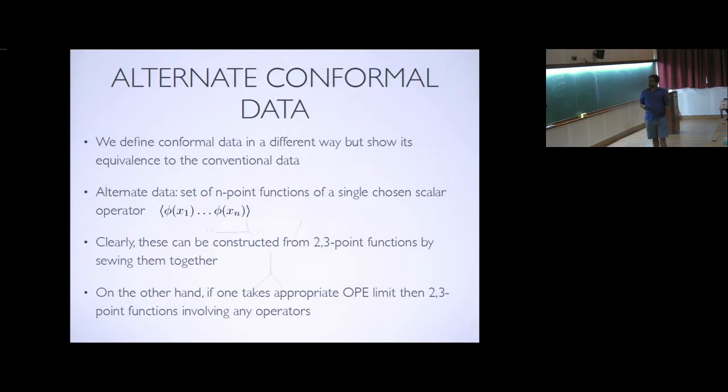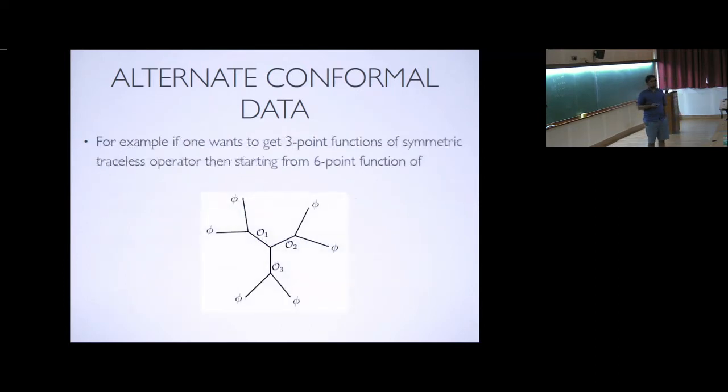For example, let's say one is interested in getting the OPE coefficient of 3 operators O1, O2, O3, and let's say they all belong to some symmetric traceless representation of the rotation group. In that case, what one would do is to start with a 6 point function of phi and take a sequential OPE in the way that is denoted here. And from this OPE, one would read off the coefficient of the 3 point function of O1, O2, and O3.